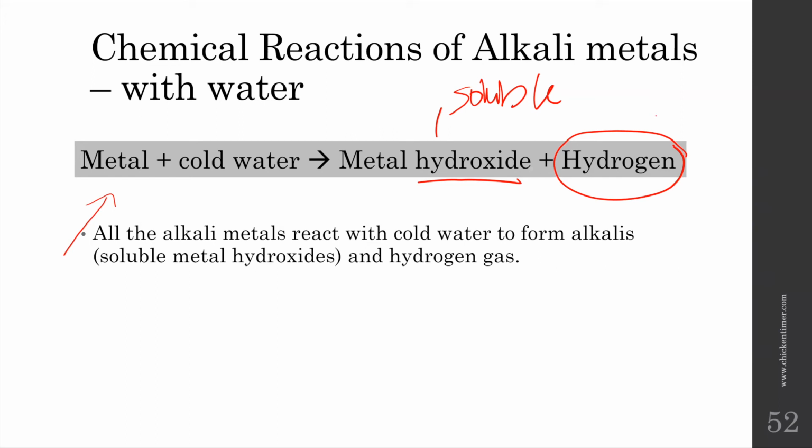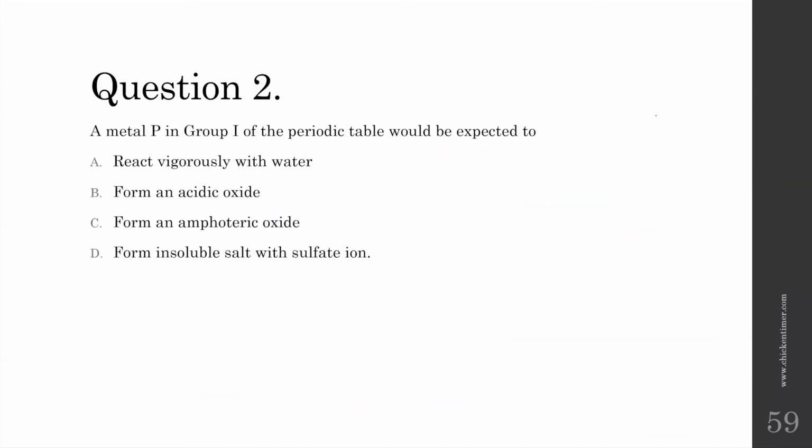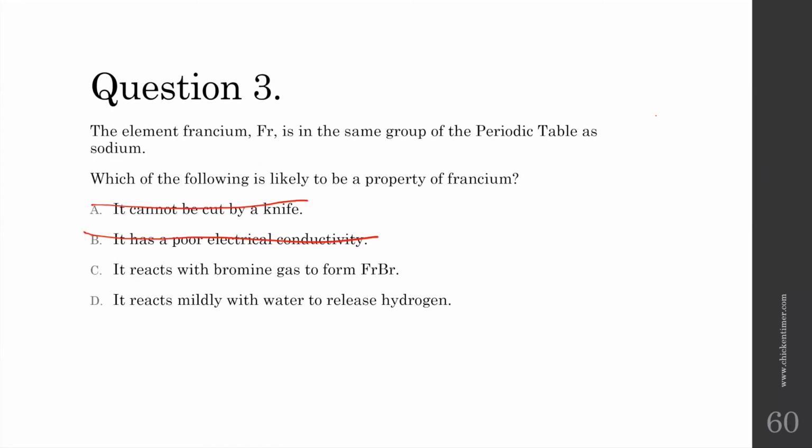So francium at the bottom should have high reactivity. So the reaction should be fast. If you can isolate 3 of the options or identify 1 of them, then you'll know it's not A, not B, not D. So it reacts very vigorously. It's not mild. Yeah. So you arrive at your answer in this manner.